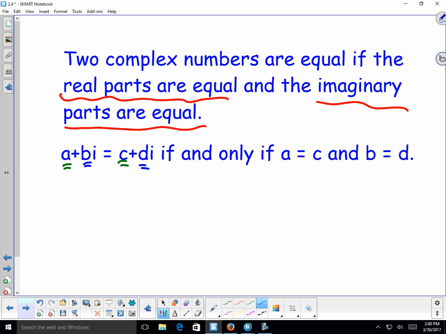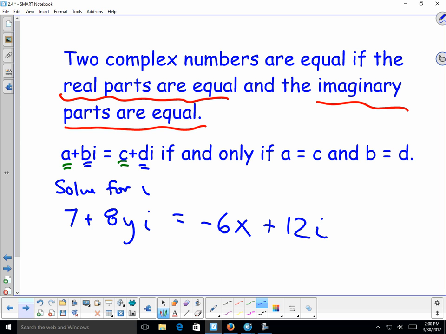So if I give you a problem like 7 plus 8yi is equal to -6x plus 12i, can you solve for x and solve for y? Can you find x and y?